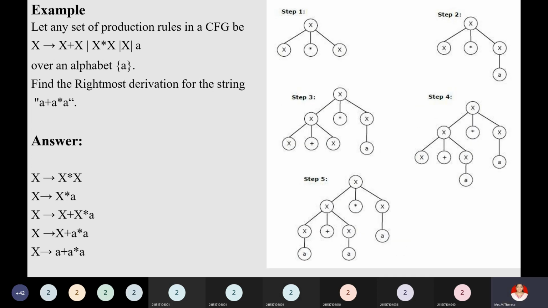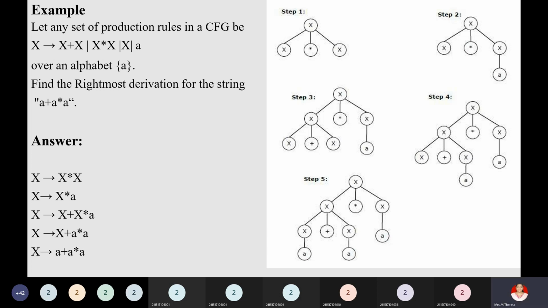Next we'll see the rightmost derivation for the same string a plus a star a. With the rightmost derivation, you are supposed to choose the production X into X star X. And here you are supposed to replace the rightmost non-terminal, so this X, the rightmost X, is replaced with a.